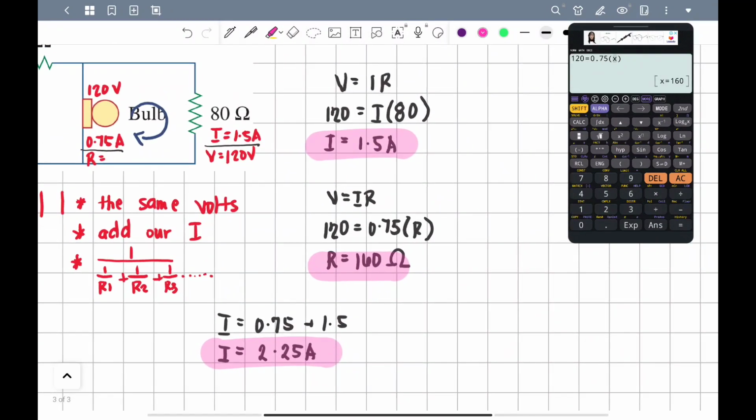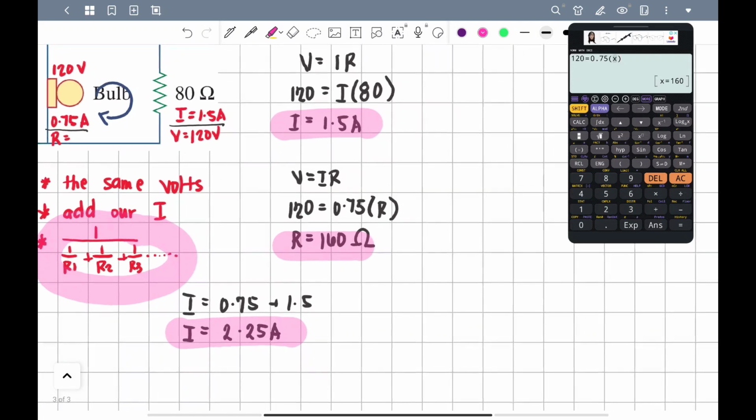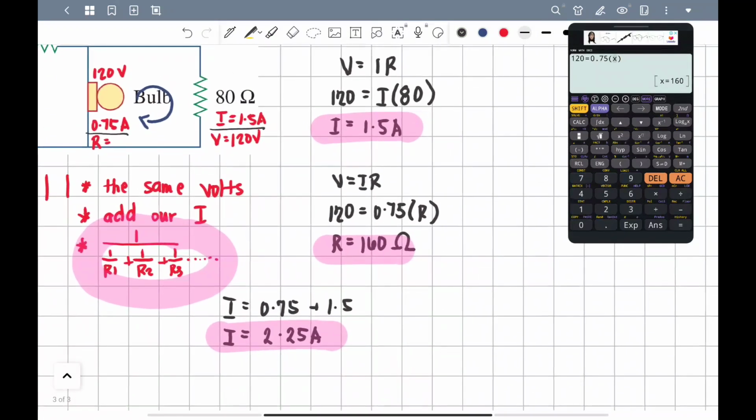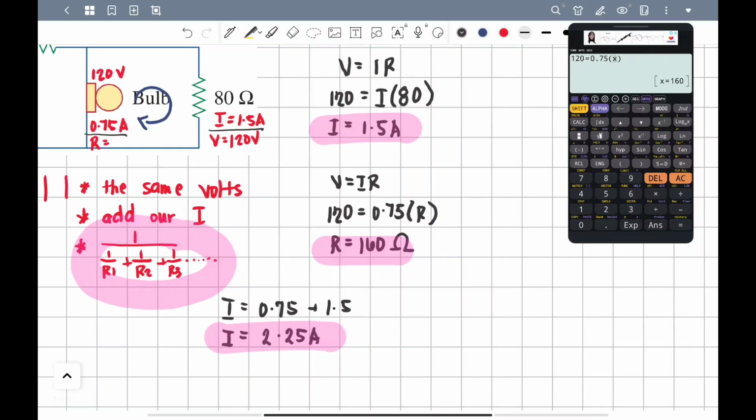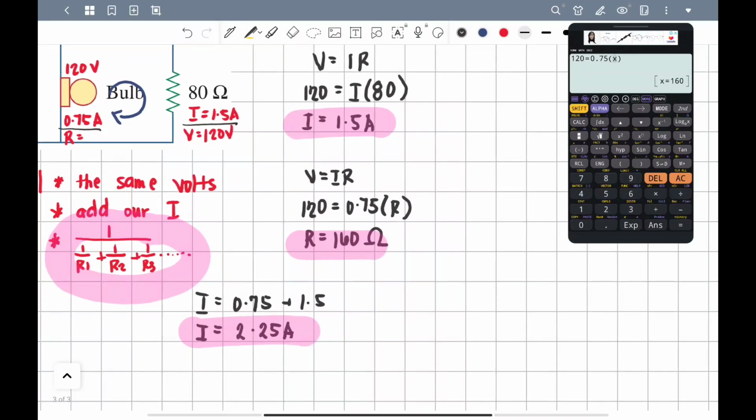Okay, so next we will move on to computing for our resistance. In parallel conditions, we have this formula as we have said a while back. So we have here in our bulb a resistance of 160 ohms. Computing for this, the resistance is equal to 1 over 1 over 160 plus 1 over the resistance given here, the 80 ohms.